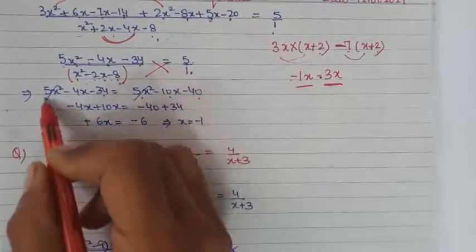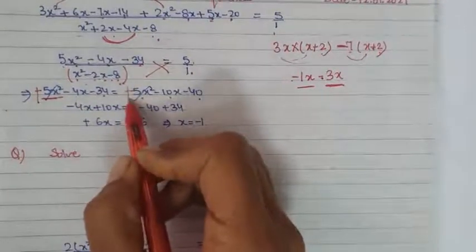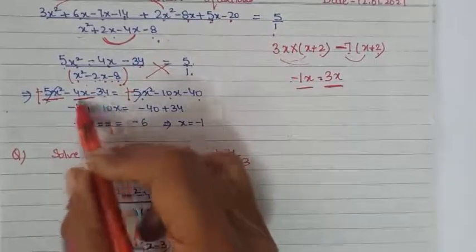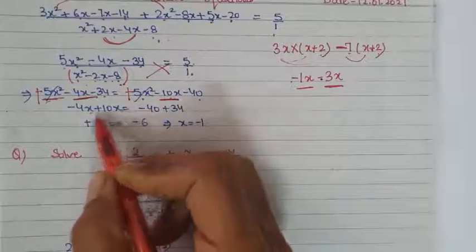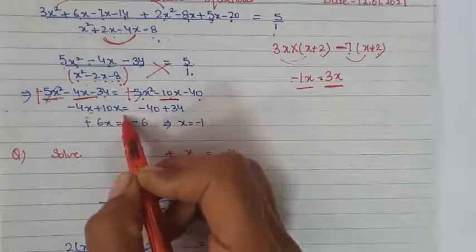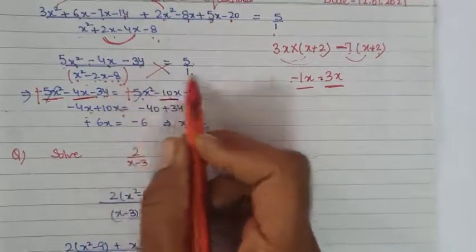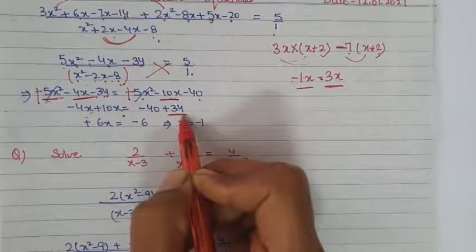Now see again, children, plus 5x square here and plus 5x square here, so cancel. Minus 4x minus 10x, we can combine them because they are like terms. Minus 34 will shift to that side, it will become plus 34.